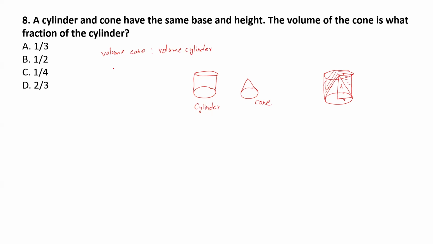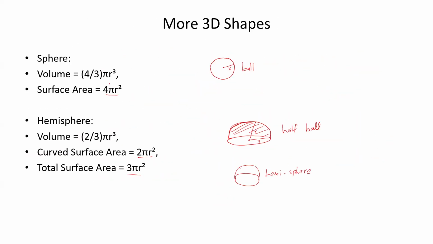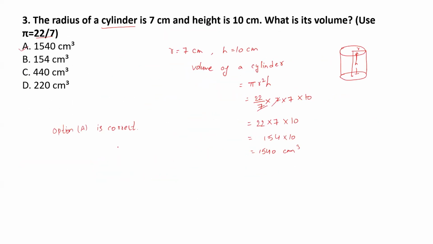So just write the formula for volume of the cone and formula for volume of a cylinder. Do you remember volume of a cone? Volume of a cone is 1 by 3 pi r square h. Let me write it down.